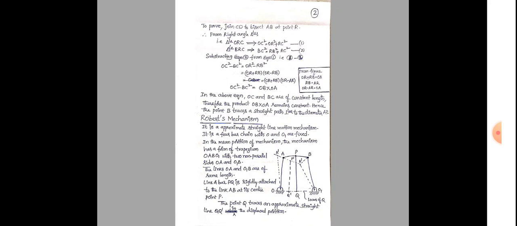OABO1 is in the form of a trapezium with two non-parallel sides, OA and O1B. Strictly speaking, the two opposite sides in a trapezium are parallel.